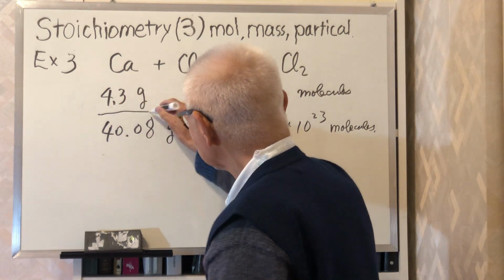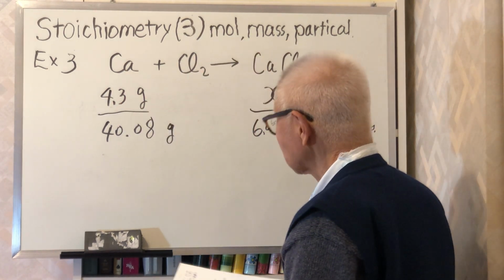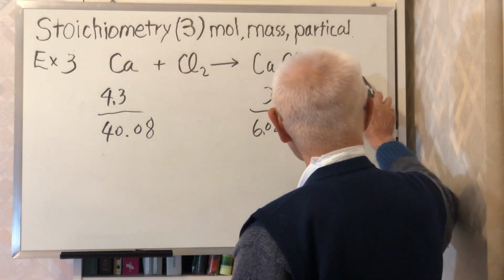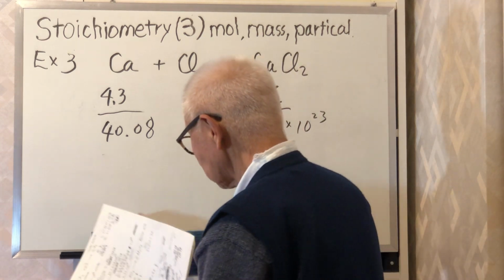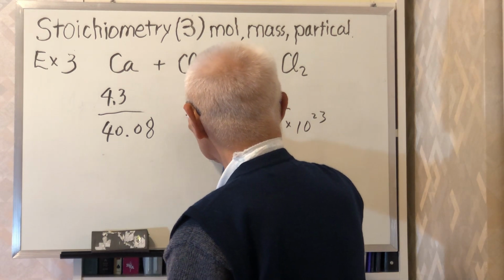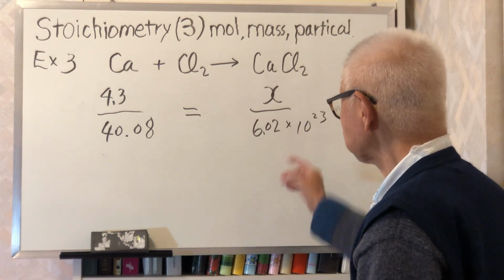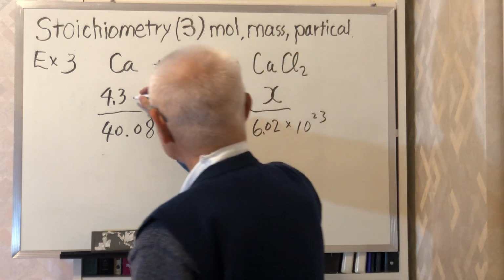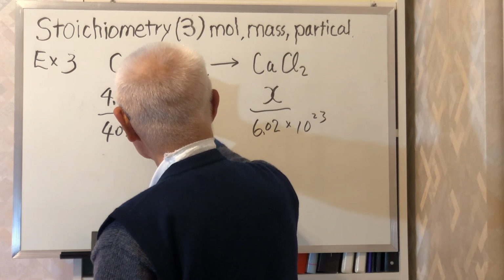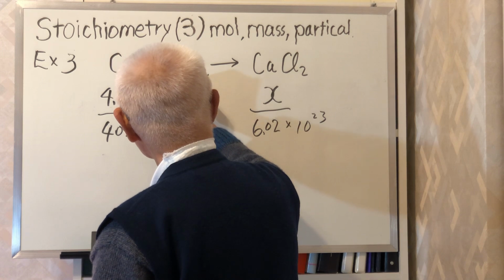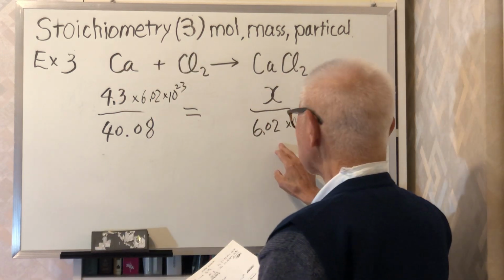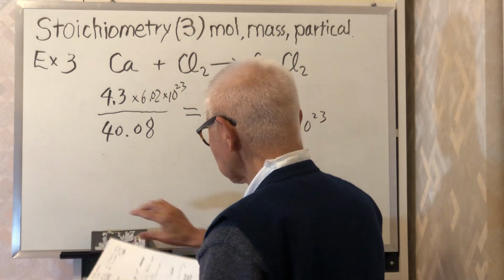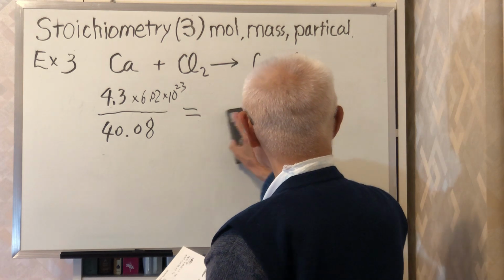Divide, erase the unit, let them equal, cross multiply. What is x? Move this number to the numerator on the other side. I don't want this anymore.